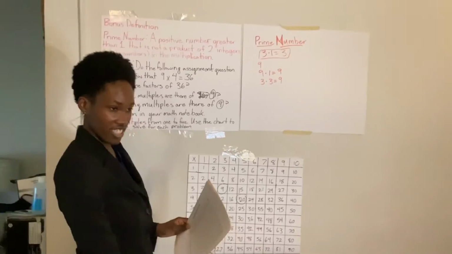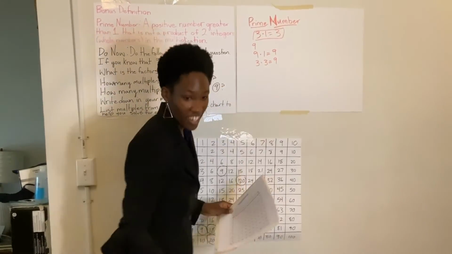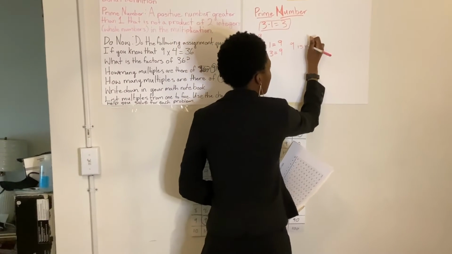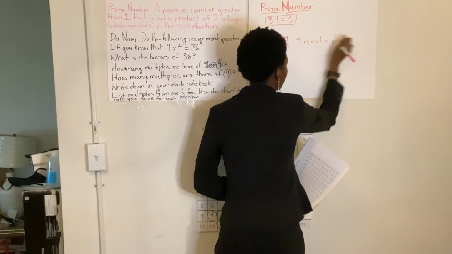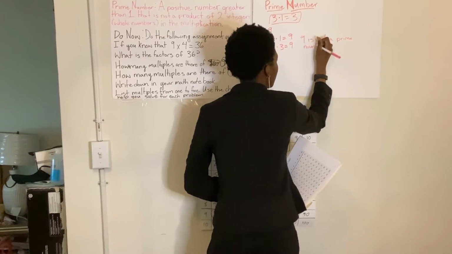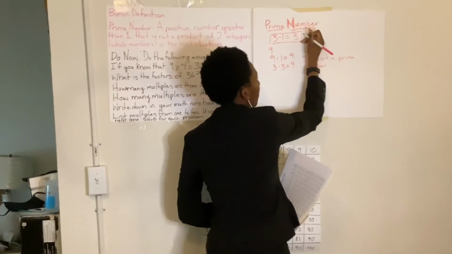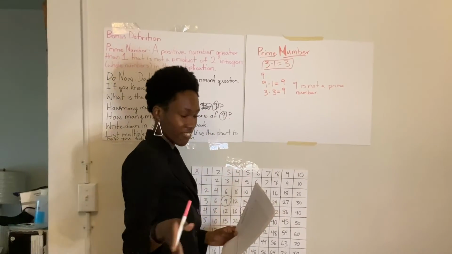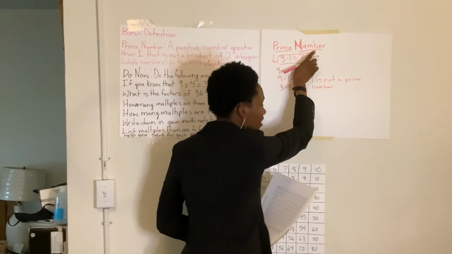Obviously, that's not the same way, so we can't say that 9 is a prime number. 9 is not a prime number. So only numbers that can multiply itself by 1 and not any other number is considered a prime number.